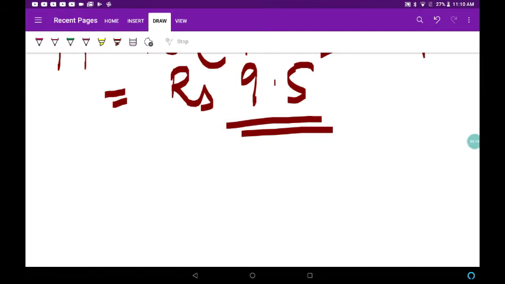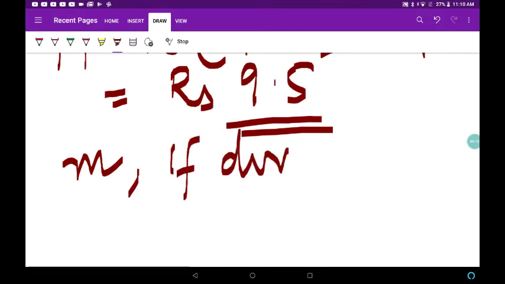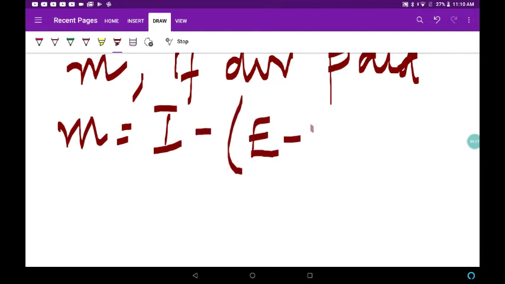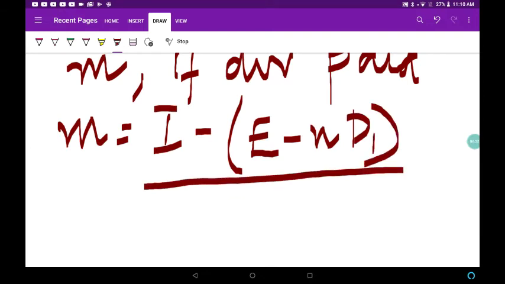Second question was to find out the value of M if dividend is paid. Right? So let us do the M part. Under that, M is equal to I minus E minus N D1, divided by P1.